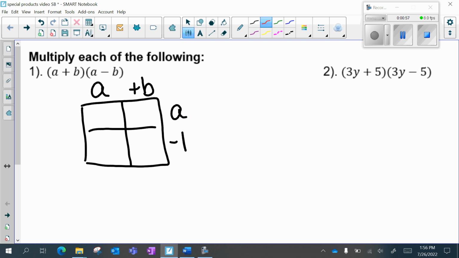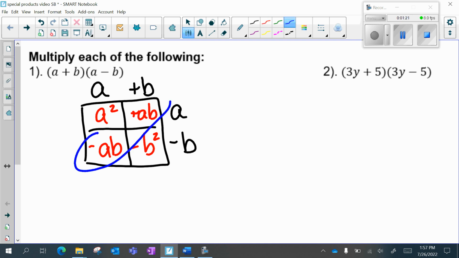And if you remember from algebra 2, probably you set it up with the top and the right. So we have a times a, which gives us a squared. A times b is ab. A times negative b is negative ab. And b times negative b is negative b squared.